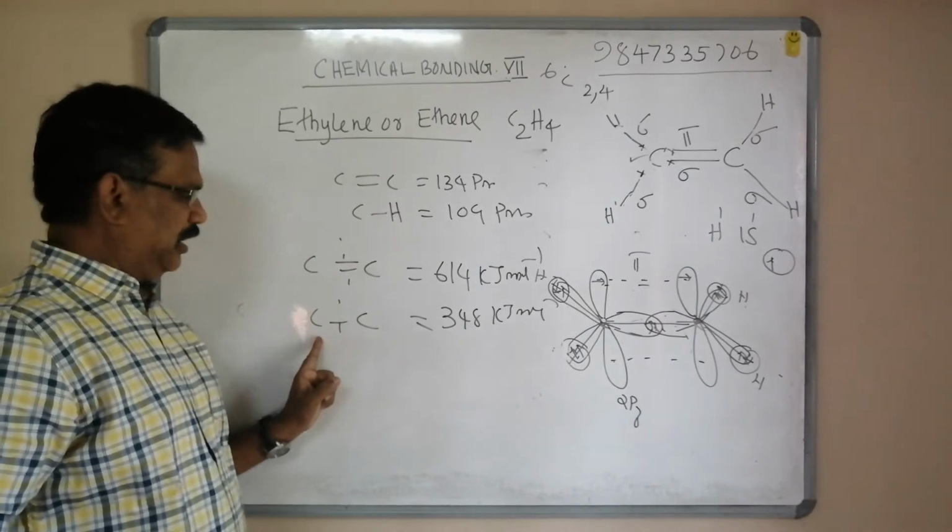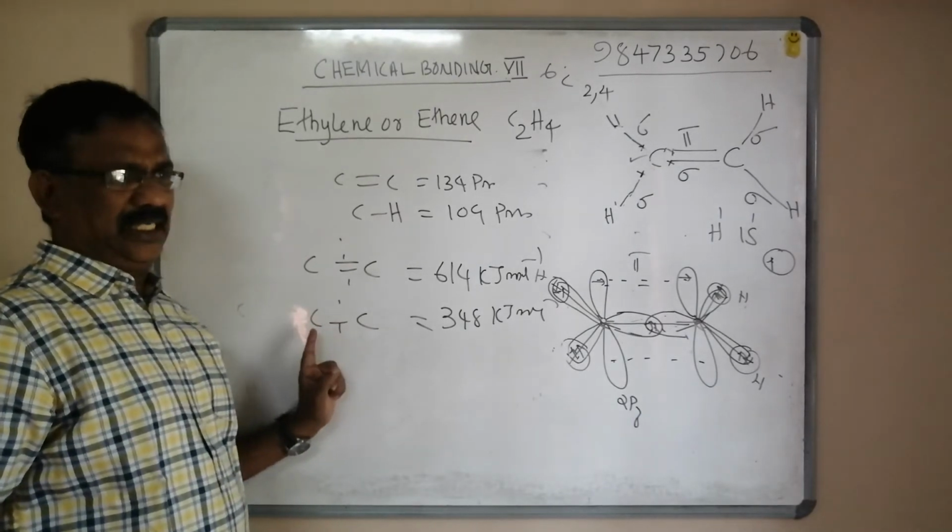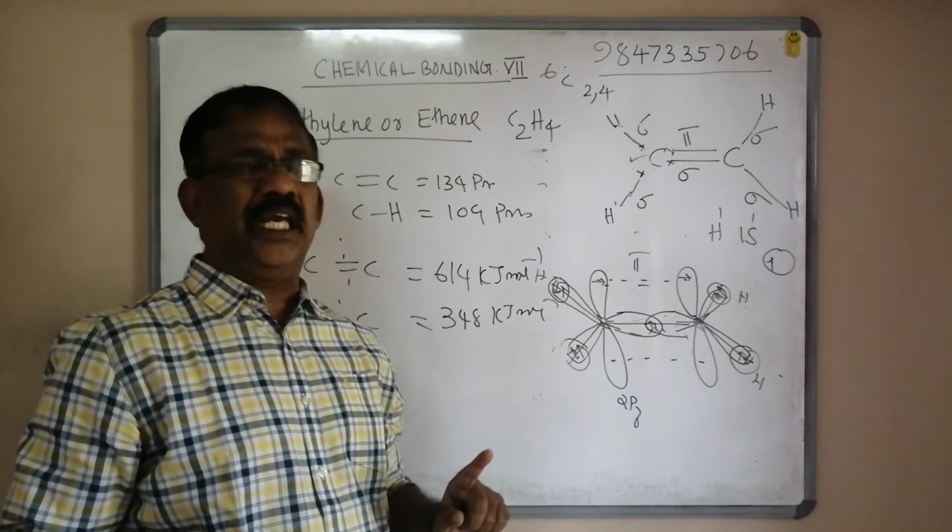For the breakage of the sigma bond alone, the C-C single bond, it is 348 kJ.